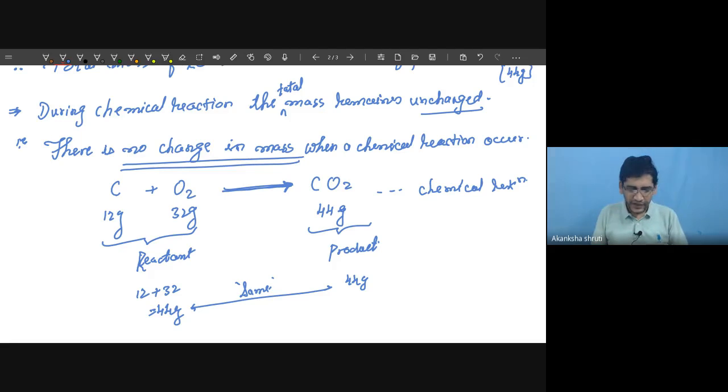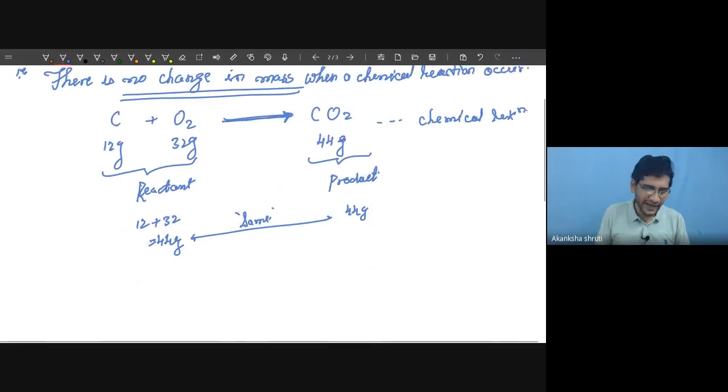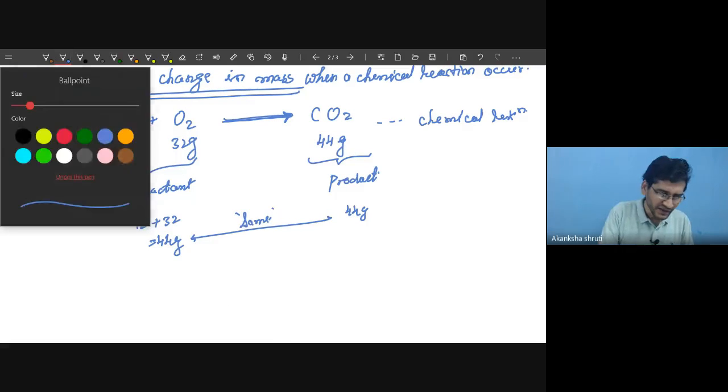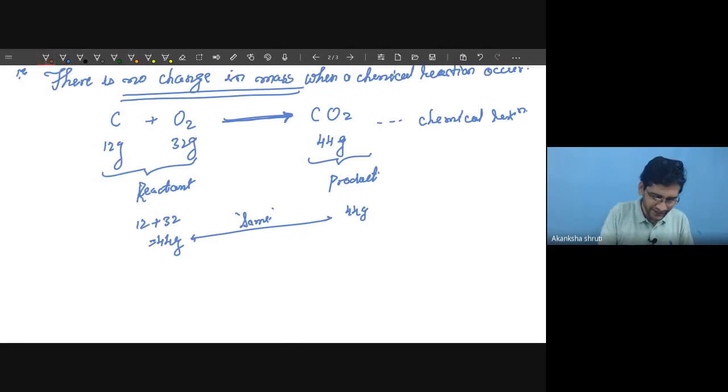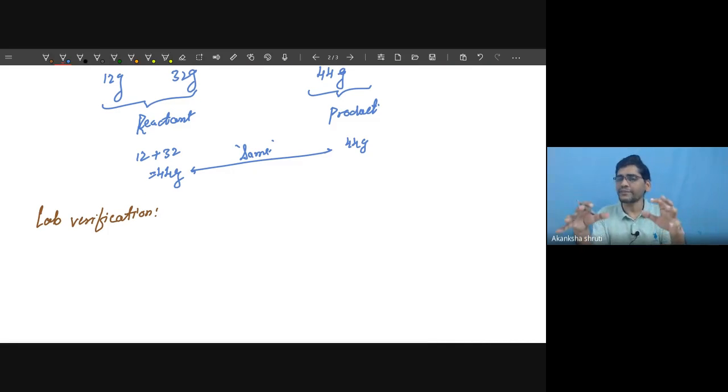Getting it, students? This can be verified in our experiment in the laboratory, so you may write lab verification. Students, in the laboratory you have to take two compounds, because this chemical change can be observed by a change in color or some other criteria.